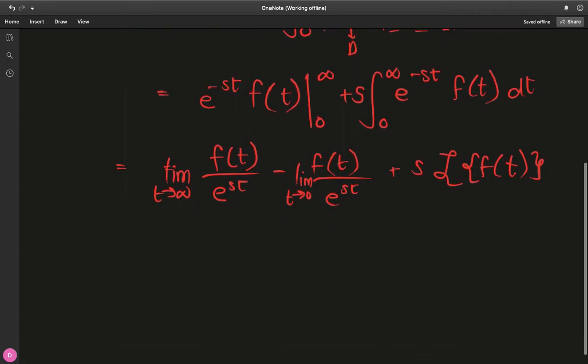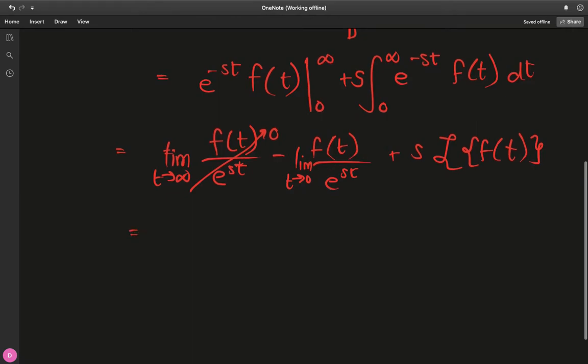So in the limit as t goes to infinity, we don't care what function we have, this is always going to tend to 0, because the exponential in the denominator is going to grow really fast, and as t goes to infinity, if the denominator grows really fast, the entire fraction goes to 0.